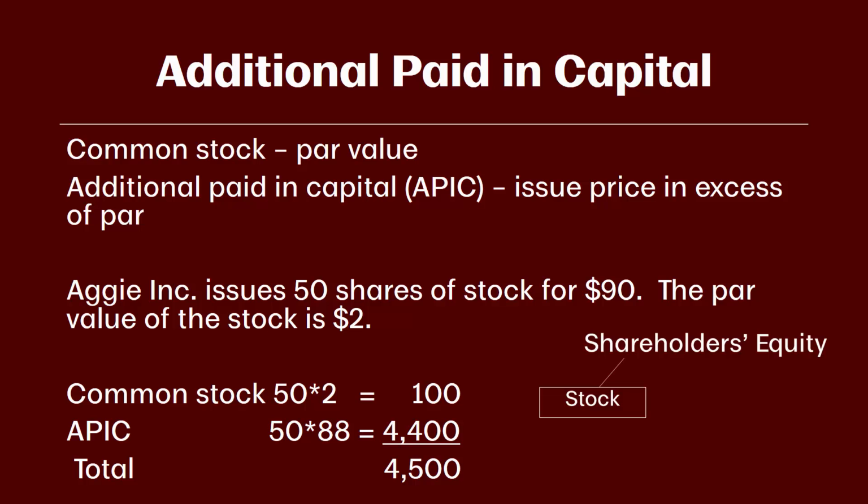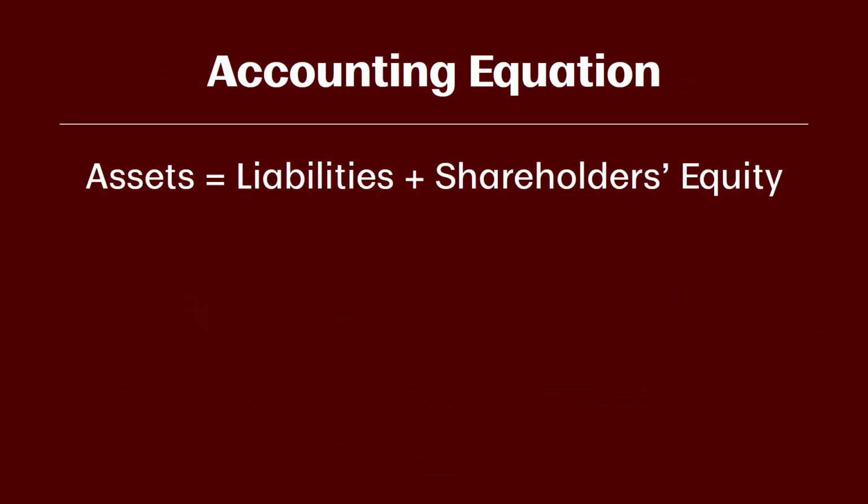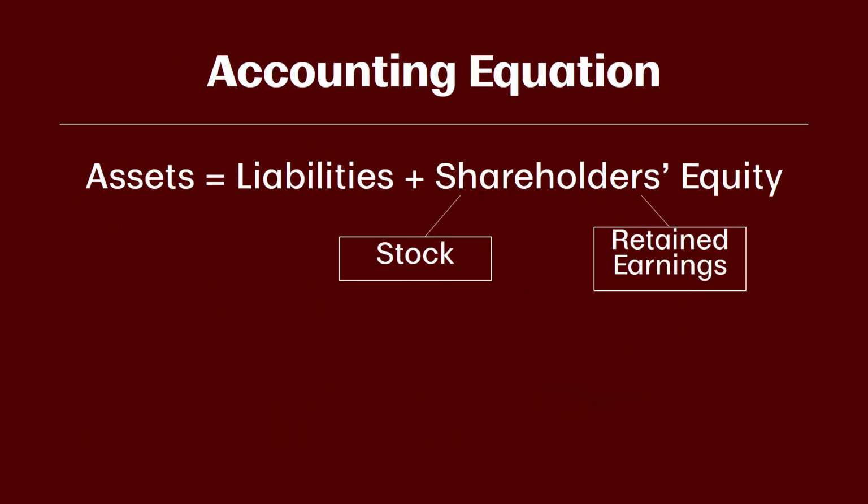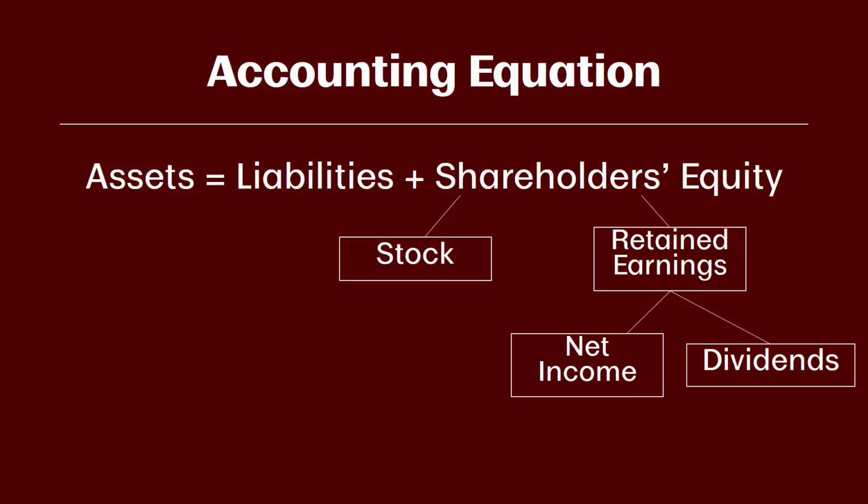Let's go back to the accounting equation to look at the other components of stockholders' equity. Stockholders' equity also includes retained earnings. Retained earnings are an accumulation of all of the company's net income over time. From that amount, we subtract any dividends that have been paid over time.